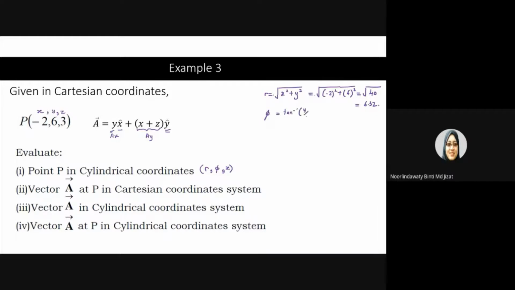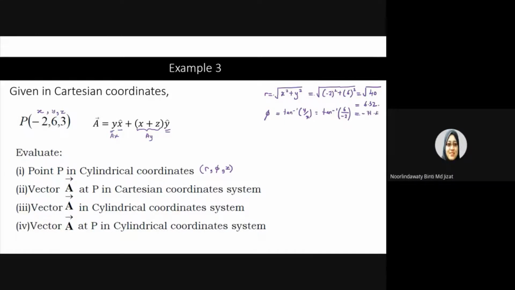You can just substitute the values here: y is 6 over -2. So what do you get for your phi? Negative 71.56.